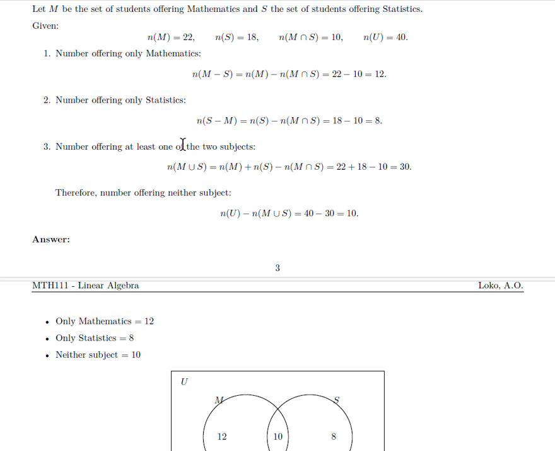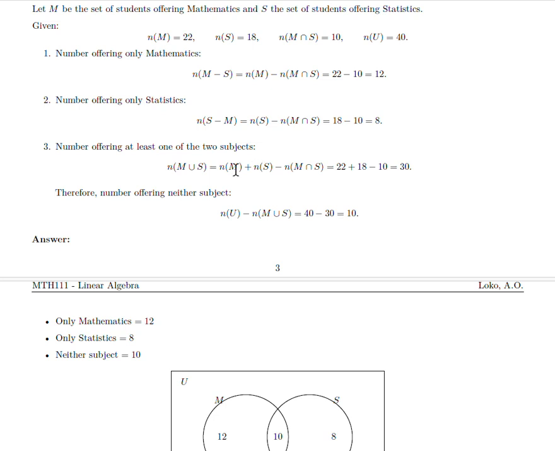The number of students offering mathematics only are offering at least one of the two subjects. The number of students offering statistics only are offering at least one of the two subjects. We need to subtract the cardinality of the intersection, because they are repeated already.